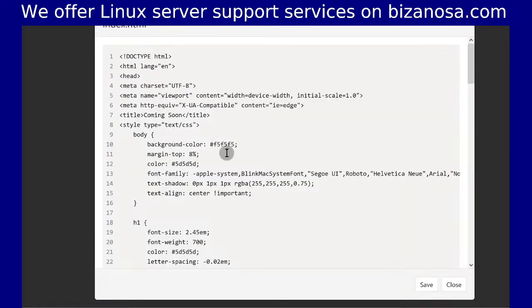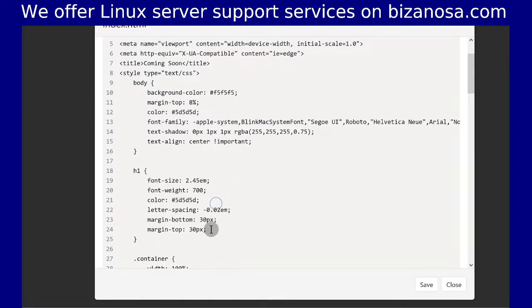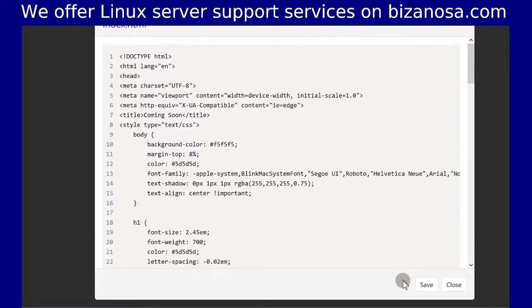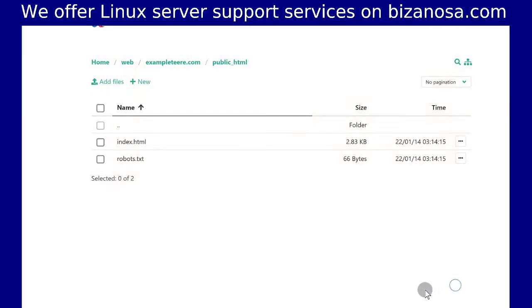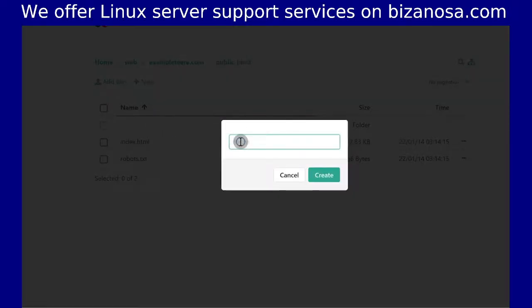If you just click on it, you can edit it. Just by clicking on it, you can edit it. And once you're done editing it, you can save or close. If you want to create another file, you can just create there a new folder, a new file, whatever you want. Let's create something like PHP.